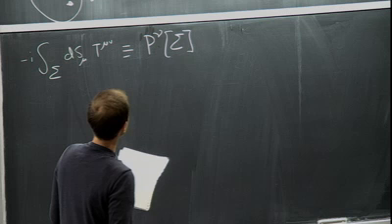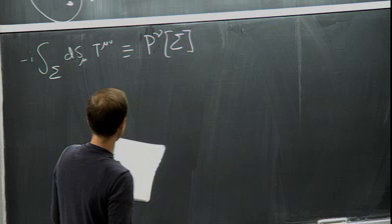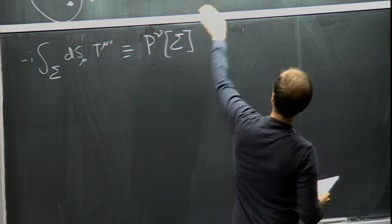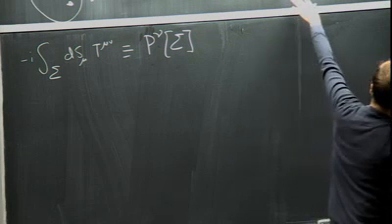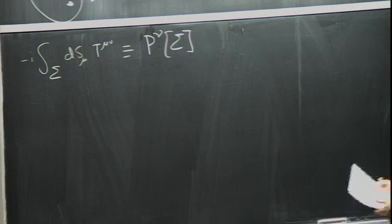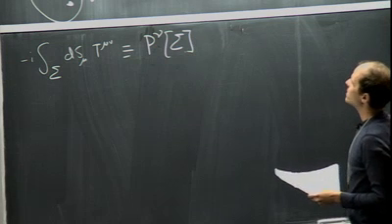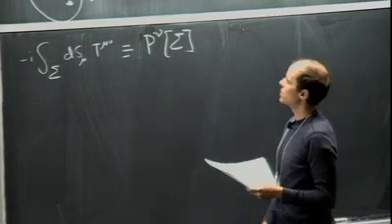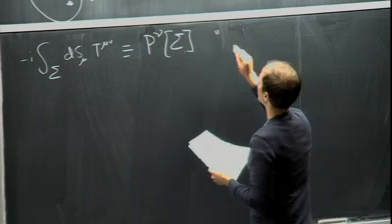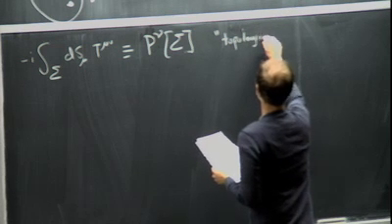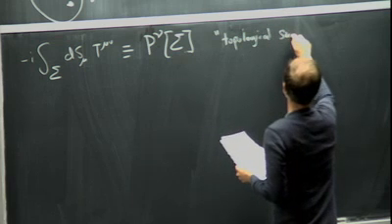The statement of this Ward identity is that a correlation function of this thing with a bunch of operators O is equal to a sum of derivatives of things that are inside sigma. In particular, it doesn't really depend on the shape of sigma. So we say that this operator is a topological surface operator.